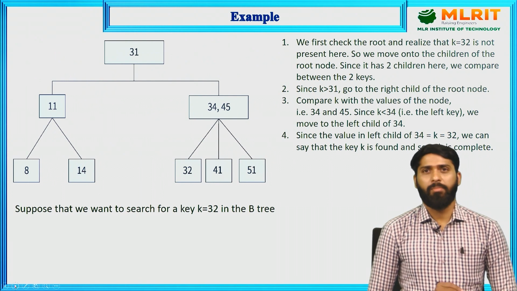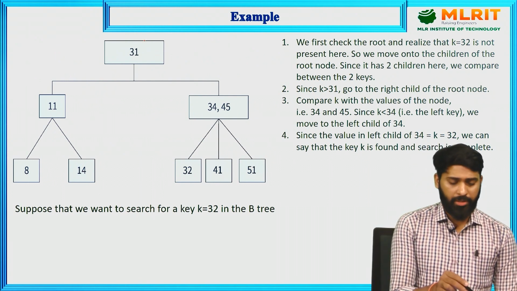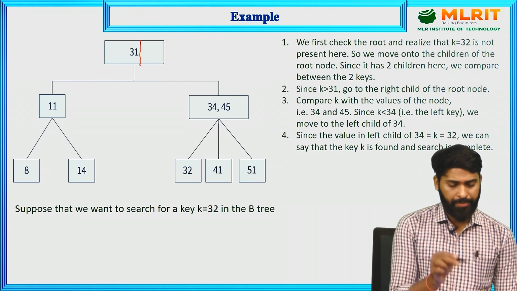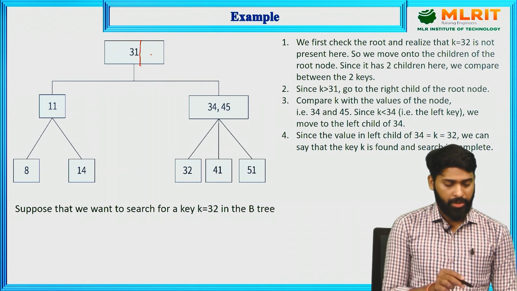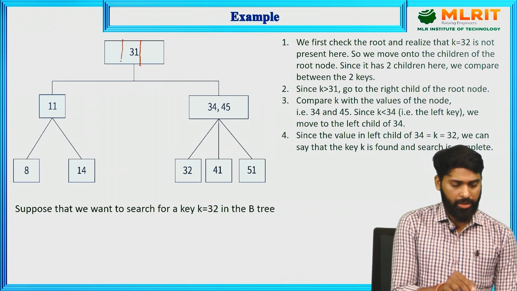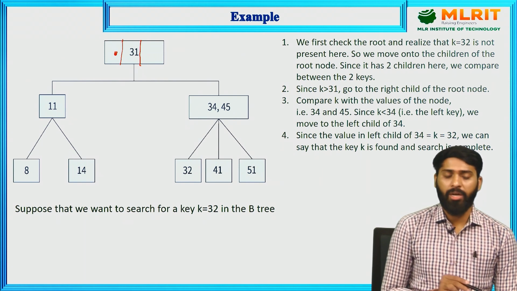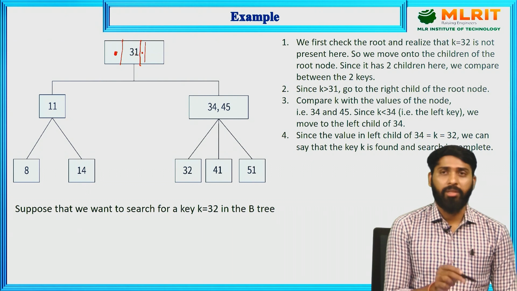So, this is the example. Here I am taking only one value, 31, as the key, and the second one is empty. Values less than 31 are stored in the left address, and this is the address of the values greater than 31.